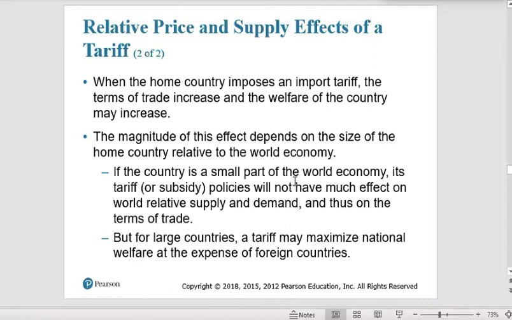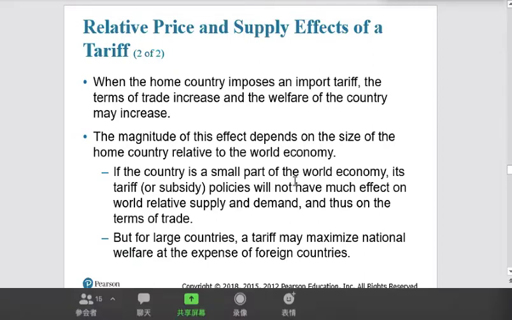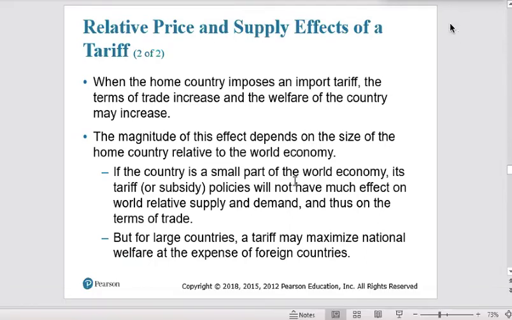Now, when we try to wrap this up, you see that a large country can improve their welfare by using tariff, using tax, using tariff to change the terms of trade for them.